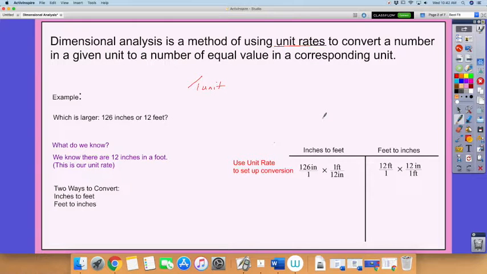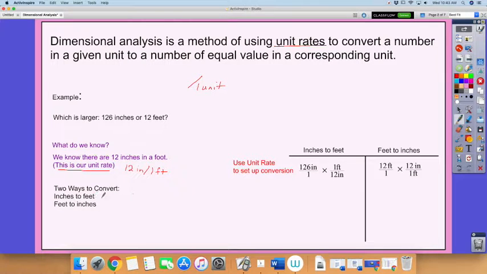So here's our first problem. We want to compare which is larger, 126 inches or 12 feet. So first thing we want to do is think about, well, what do we know? And we know that there are 12 inches in 1 foot. That becomes our unit rate. So we know it's 12 inches per 1 foot.